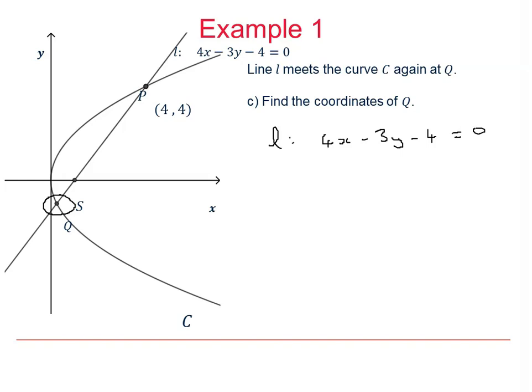And C, well, its standard equation is y squared is equal to 4ax. But we have already calculated that a is equal to 1, and therefore C has equation y squared is equal to 4x.